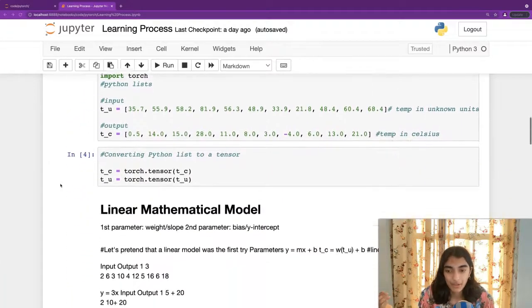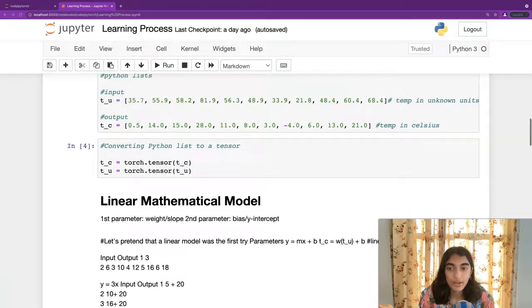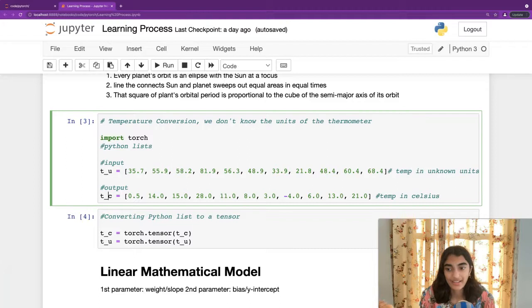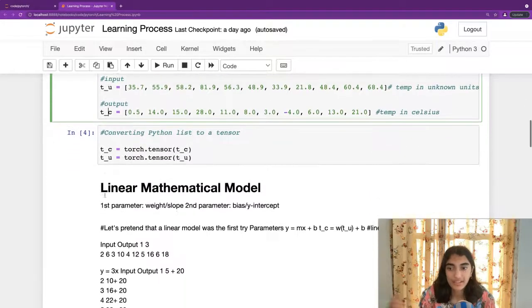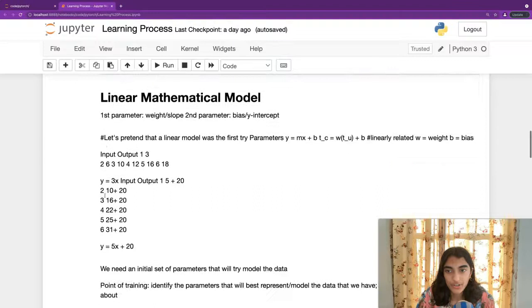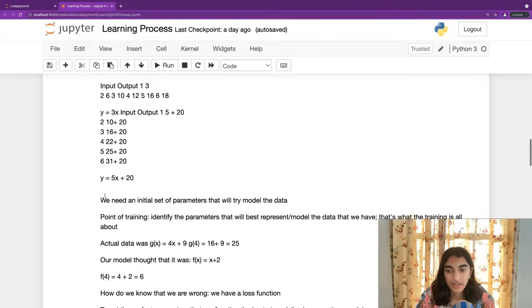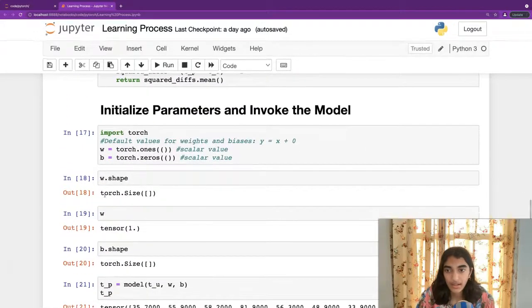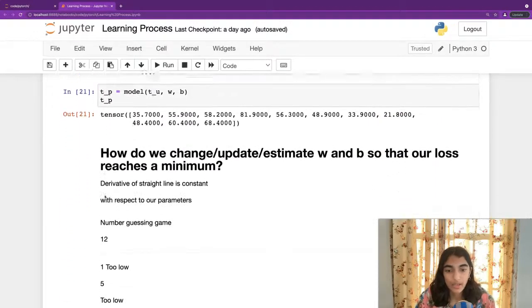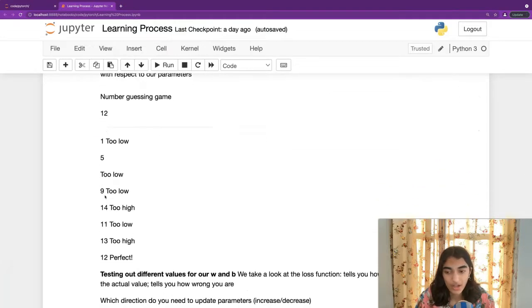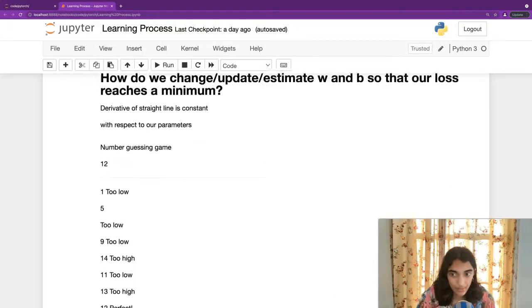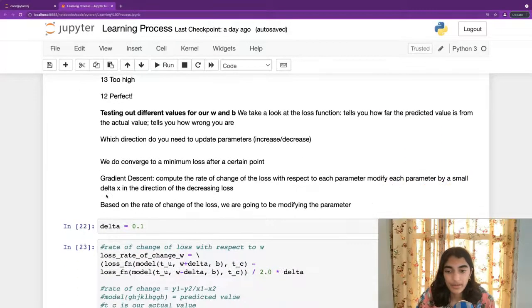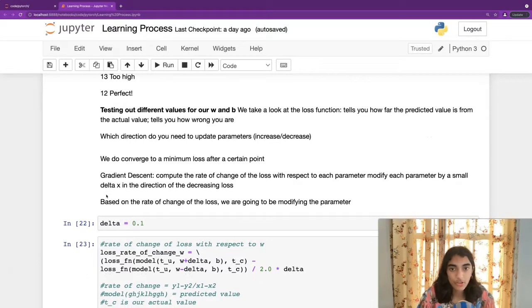We introduced this temperature conversion example between a temperature of unknown units and a temperature of known units, and we converted it to tensors, and we figured out this relationship. We defined all of our things, and we initialized the parameters, and now we're trying to change and update them. We connected it to an example of a number guessing game, and connecting that to our loss function.